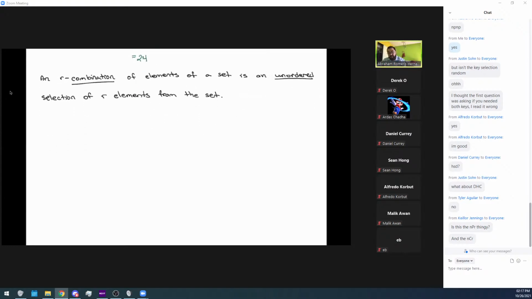An R combination of elements of a set is an unordered selection of R elements from the set. So again, they're not being ordered. Order doesn't matter.